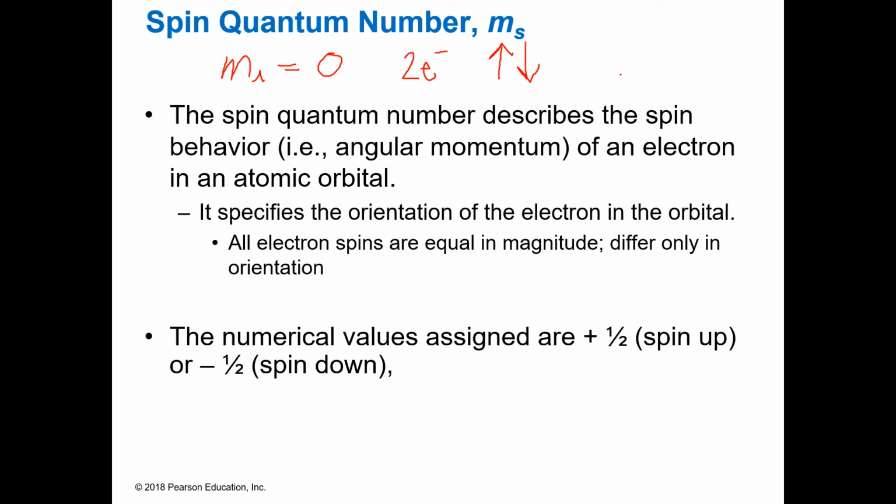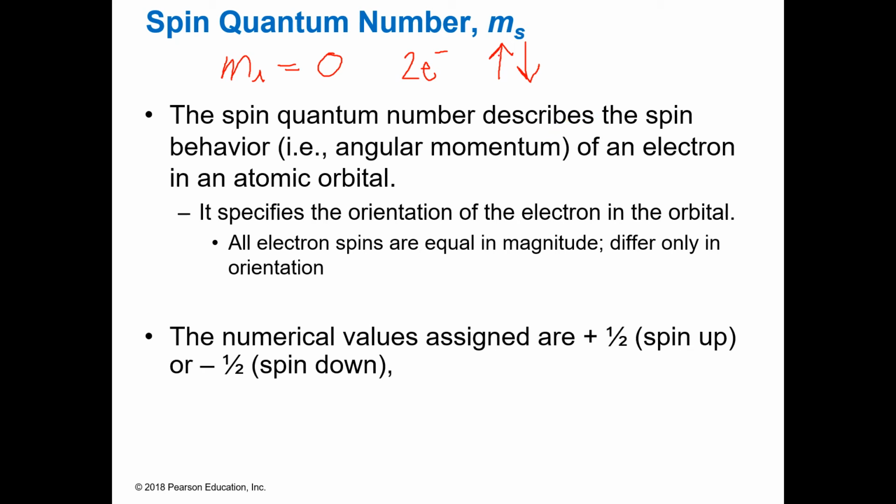So that's why this is called the spin quantum number. Each one of my arrows here represents the electron. They're not going to spin in the same direction because that wouldn't be energetically favorable. They're going to spin opposite directions in order to sort of balance that out. But the spin quantum number describes which way the electron is spinning in an orbital.